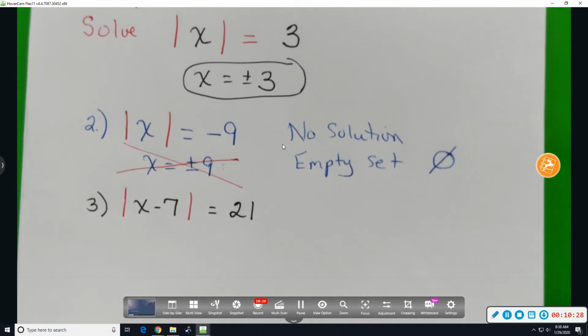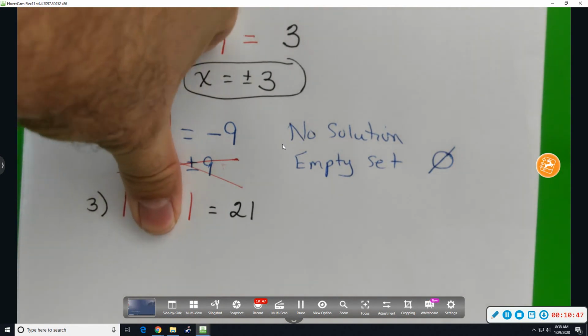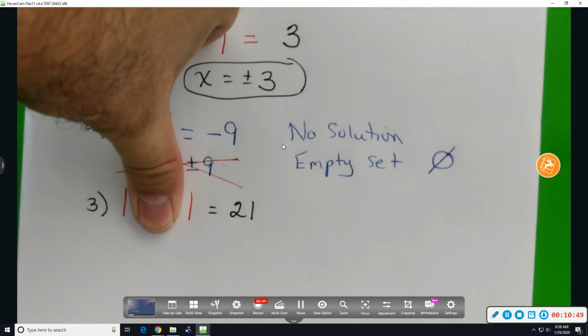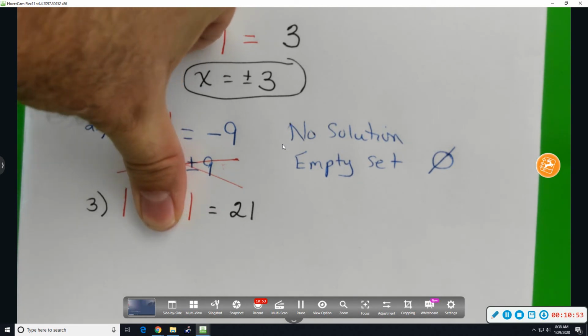Let's think our way through this. There's some stuff in this algebra class this semester where you'll be like, okay, I don't understand why, but I'm going to accept it and go on. Well, here I think you can understand why. Let's cover up that x minus 7. Looking just at the red absolute value bars, what are the only two numbers that can possibly be in there?